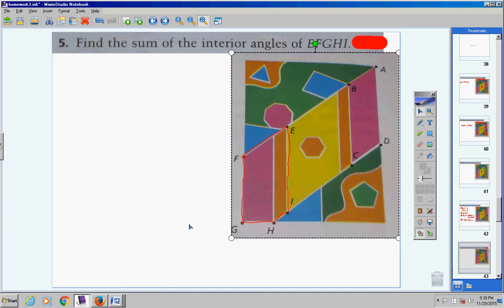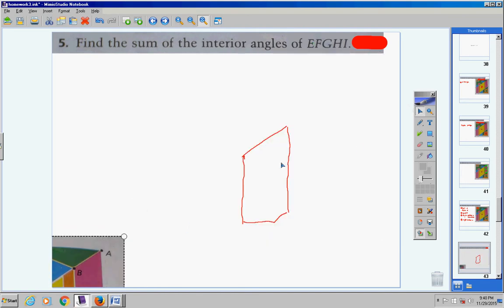There it is. They just want us to find the sum of all 5 angles. Angle 1, 2, 3, 4, and 5.